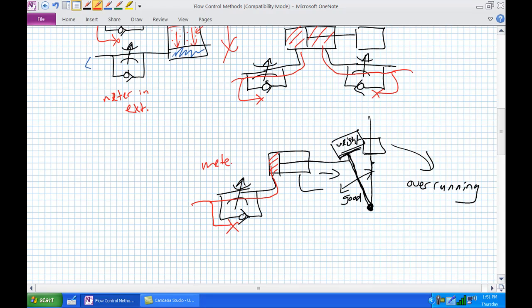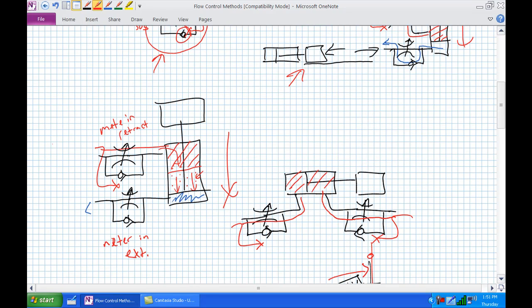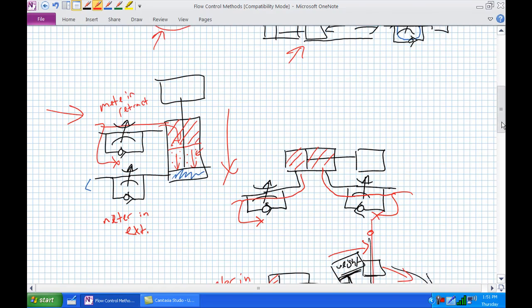So I'm meter in extending, and I'm controlling the rate at which that weight reaches the 0-degree axis here, straight up and down. What happens once I break this plane right here? It becomes overrunning. My weight wants to fall away.